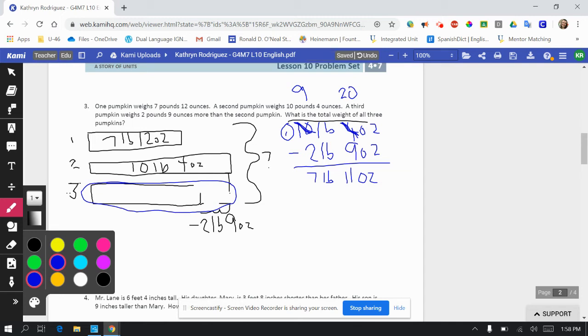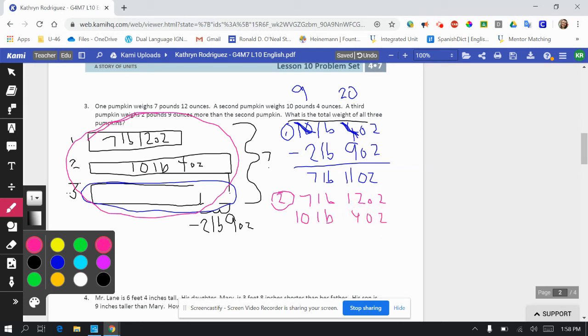All right, step 2 then, add them all together. So here's step 2. Step 1 was subtraction. Step 2 will be addition. So we have 7 pounds, 12 ounces, 10 pounds, 4 ounces. And then here was our result for pumpkin 3, 7 pounds, 11 ounces.